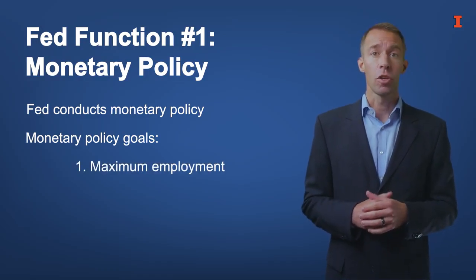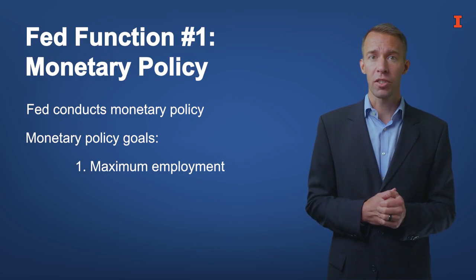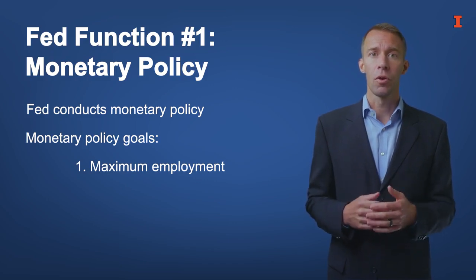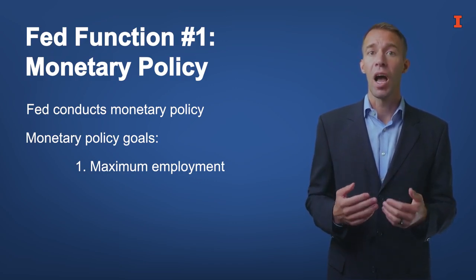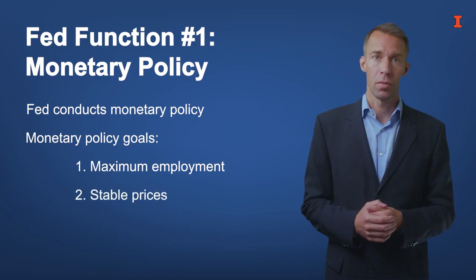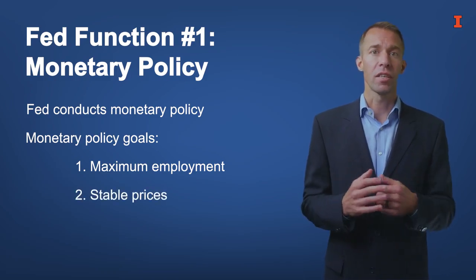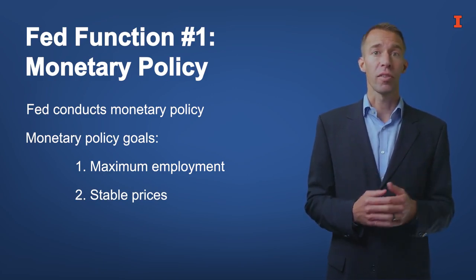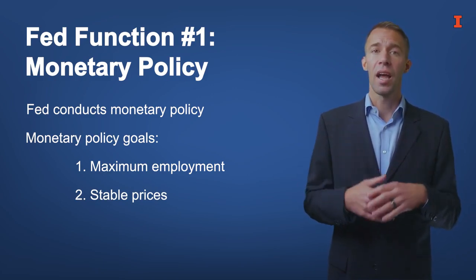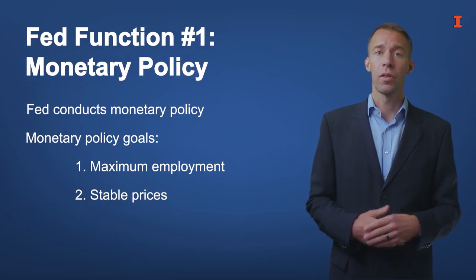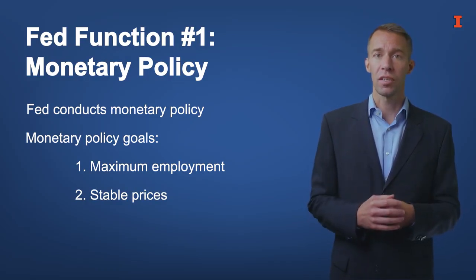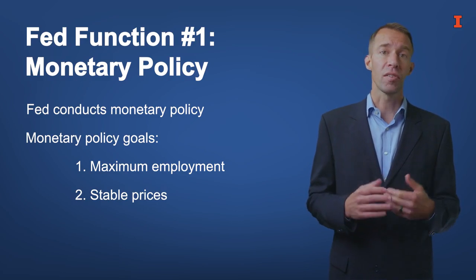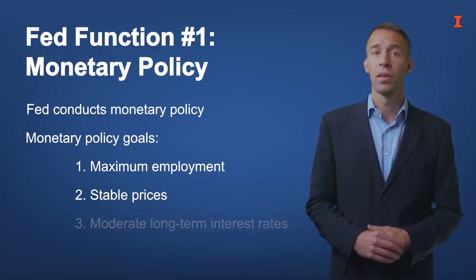Maximum employment usually refers to a situation when most people who are looking for work are gainfully employed. Stable prices encourage savings and investment. By contrast, when inflation is high, asset returns can be lower. This reduces households' incentives to save and businesses' incentives to invest.